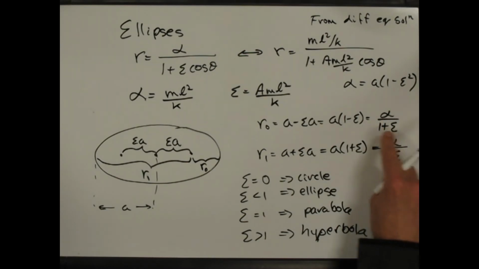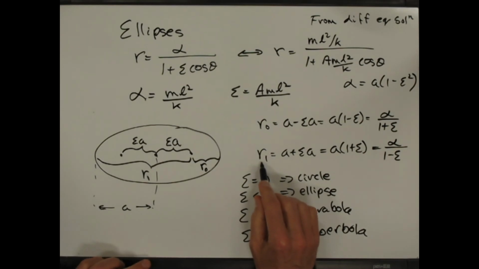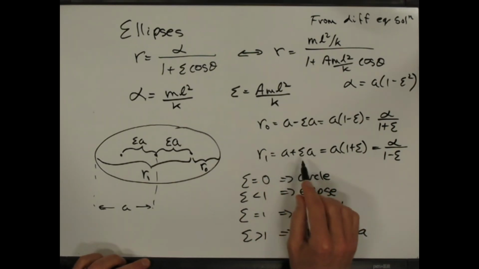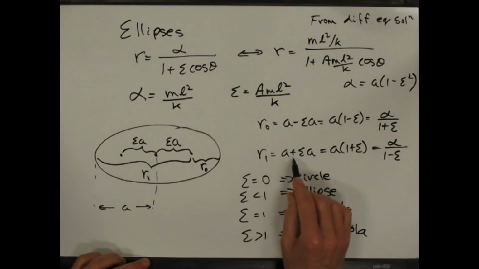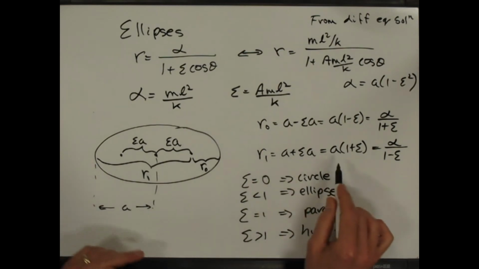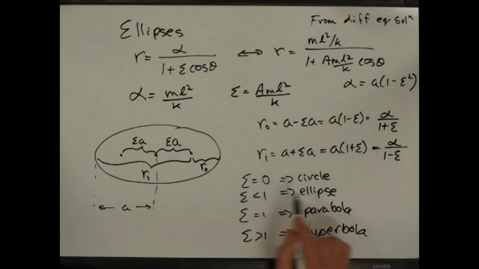So if you divide it by 1 plus epsilon, you get a times (1 minus epsilon). Similarly, the apocenter is a plus, it's this distance plus this, so it's a plus epsilon a, and it's the same thing as a times (1 plus epsilon), which is the latus rectum over (1 minus the eccentricity).